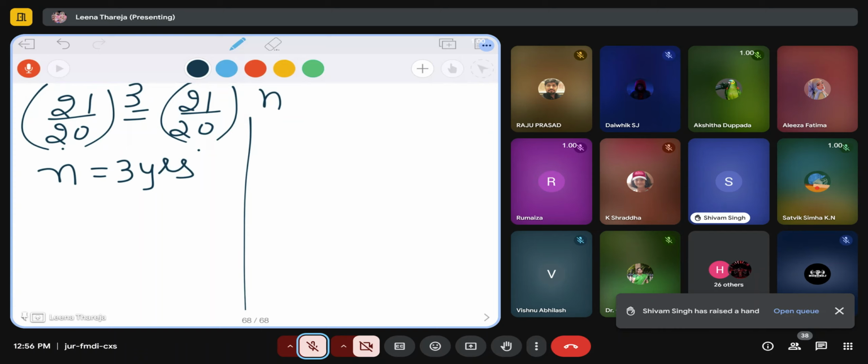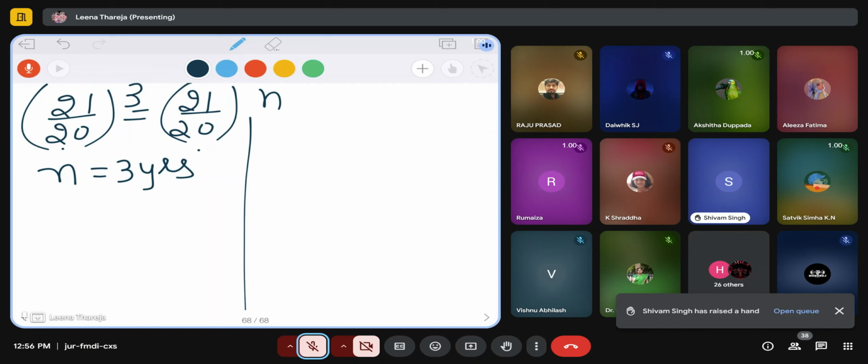Let the share of John be rupees P, because it is a sum. Sum means here it is a principal only.